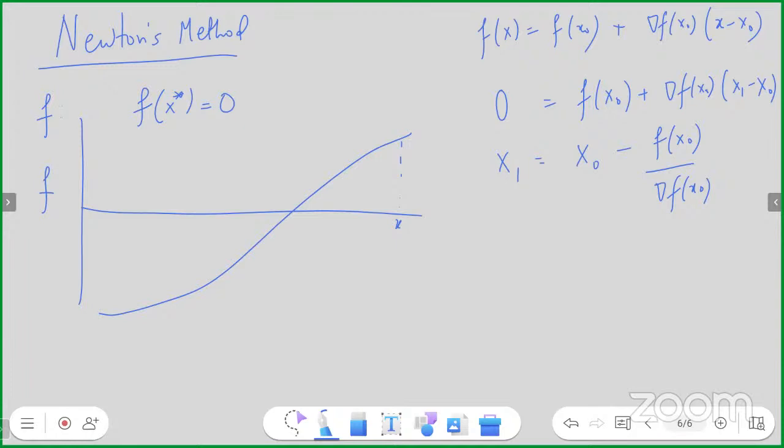Okay. So now what is going to happen to this? What kind of guarantee can we give? What's the good thing about it? What's the bad thing about it?